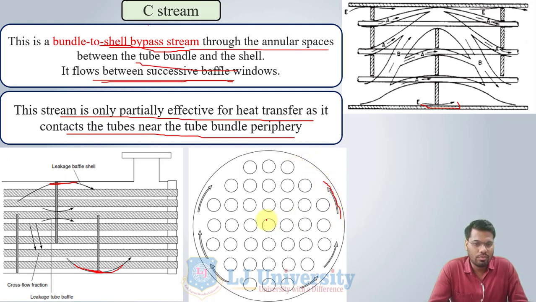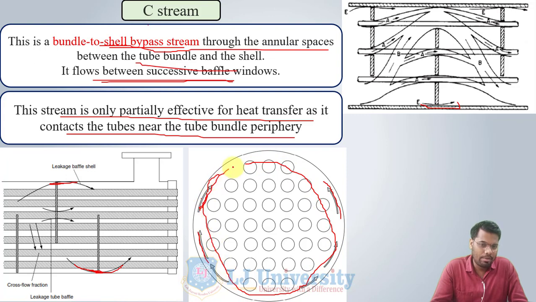There are some fluid streams which flow at the inner layer of the shell, between the clearance of the tube bundle. This is the tube bundle, so there is a gap between this tube bundle and the shell diameter. In this gap, in this clearance, some fluid flows, which is known as stream C, which is partially effective for heat transfer as it contacts the tubes near the tube bundle periphery. So it is only in contact with some of the tube periphery.